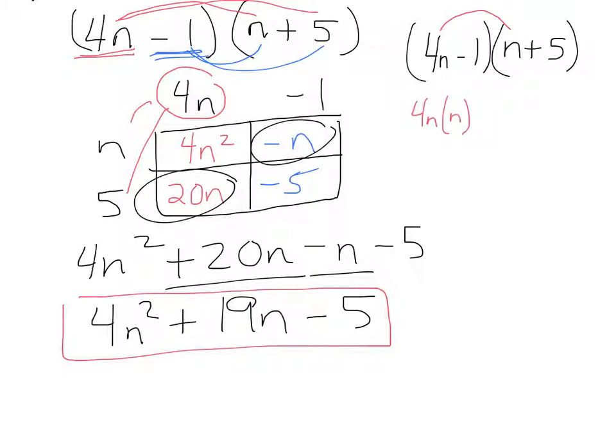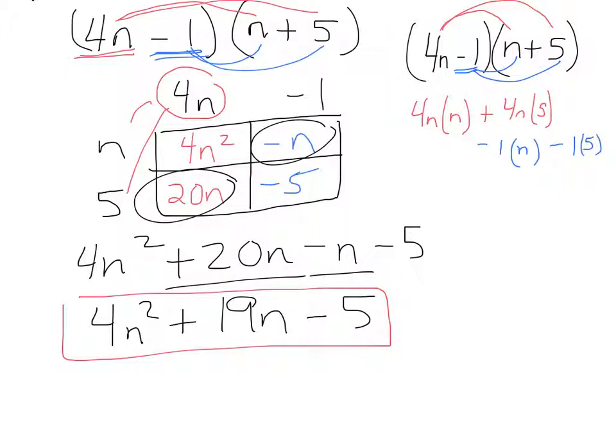This is how I would write it initially. 4n multiplying a positive 5. And I would keep going horizontally, but I don't have enough space. So I'm going to say, now we take the negative 1 and multiply the n, negative 1 multiplying n. And then we have negative 1 again, be careful, multiplying the 5.